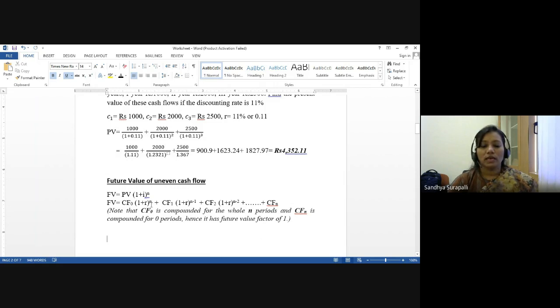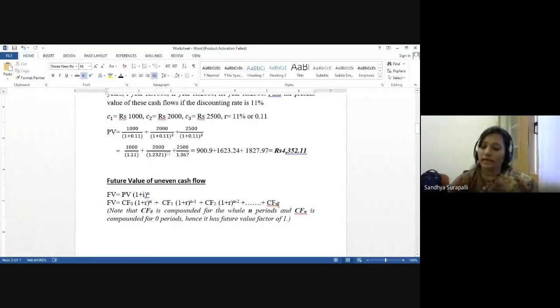Like that, for every year, suppose your investment is for 5 years, whatever cash flow you receive, you will find its future value for the remaining years. For the last period, that is the value on that date, so there is no need to compound it further.